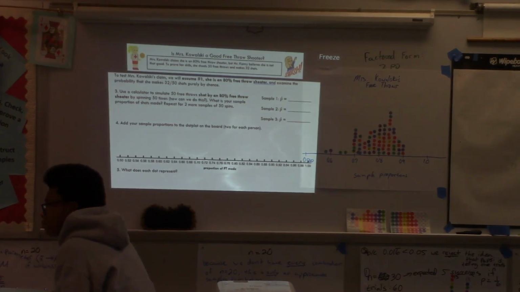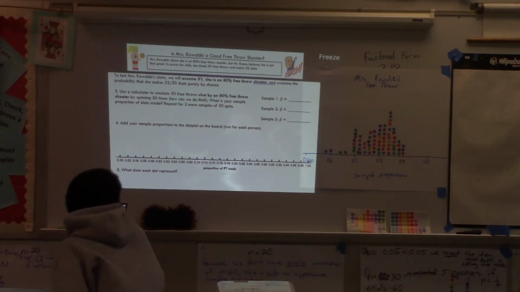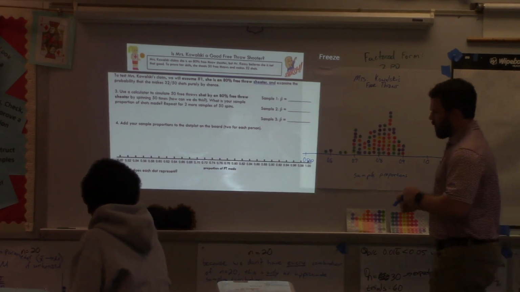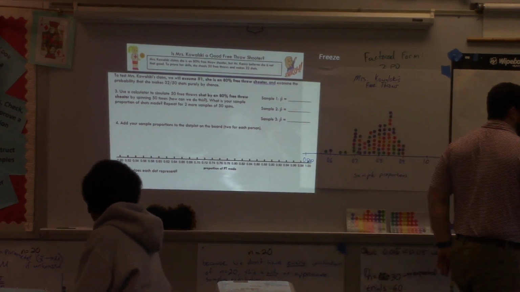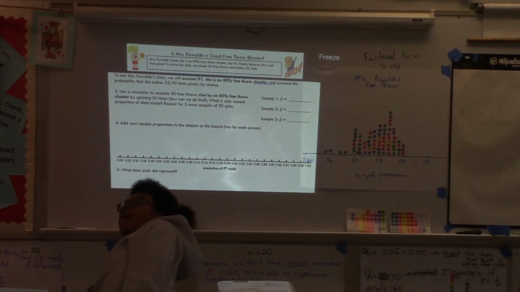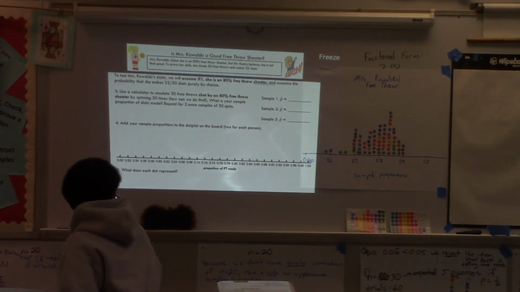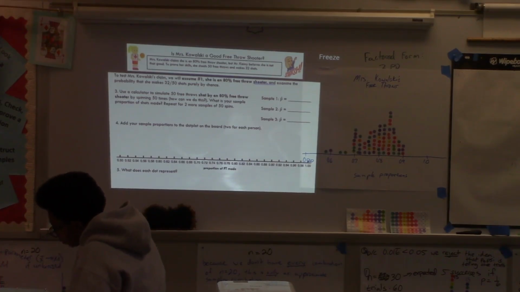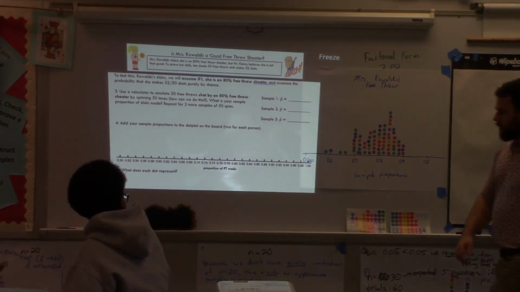Okay, so make sure you get your little graphs in there. Notice we've already addressed what does each dot represent. It is the sample. What does each dot represent? The number of 50 free throws. It doesn't represent 50 free throws. There's something else you're missing with that. Number of successes. Which proportion?